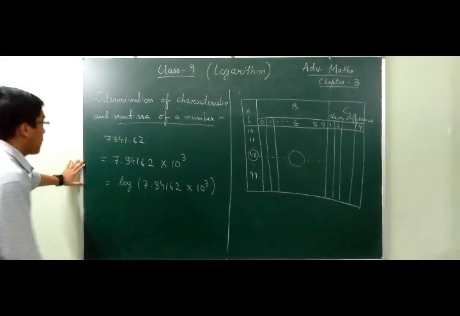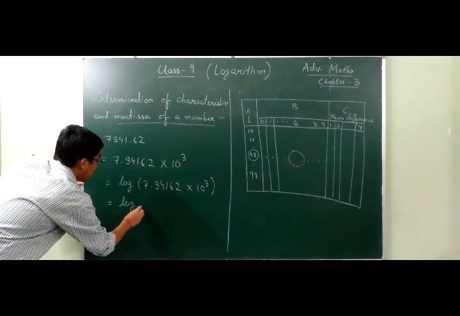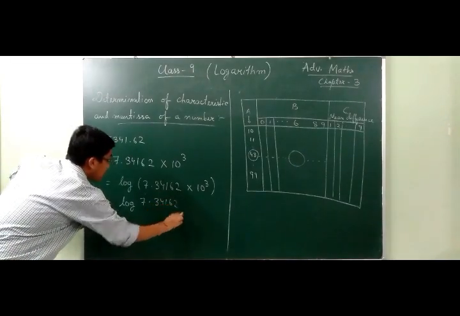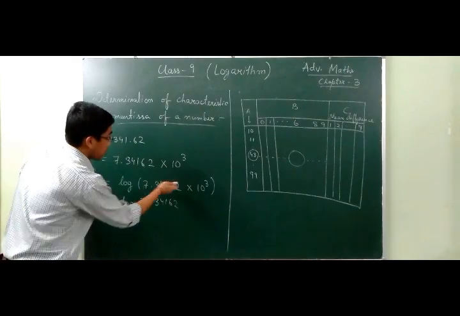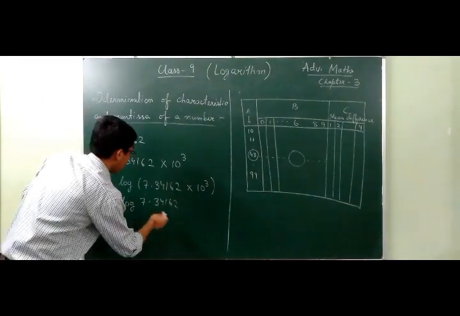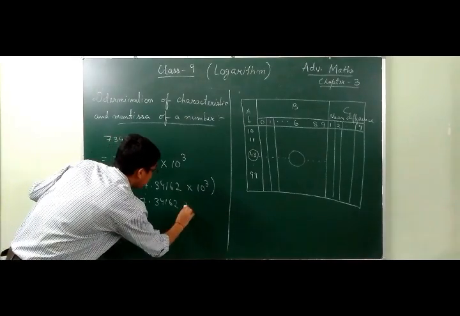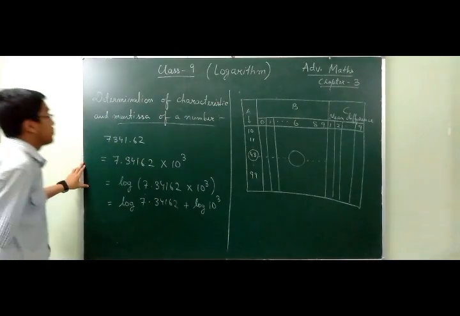This will be log of 7.34162 times 10 to the power 4. By the previous class we know that if I have a product of two numbers, then the log of that product becomes their sum. So I can write log of 7.34162 plus log of 10 to the power 4.